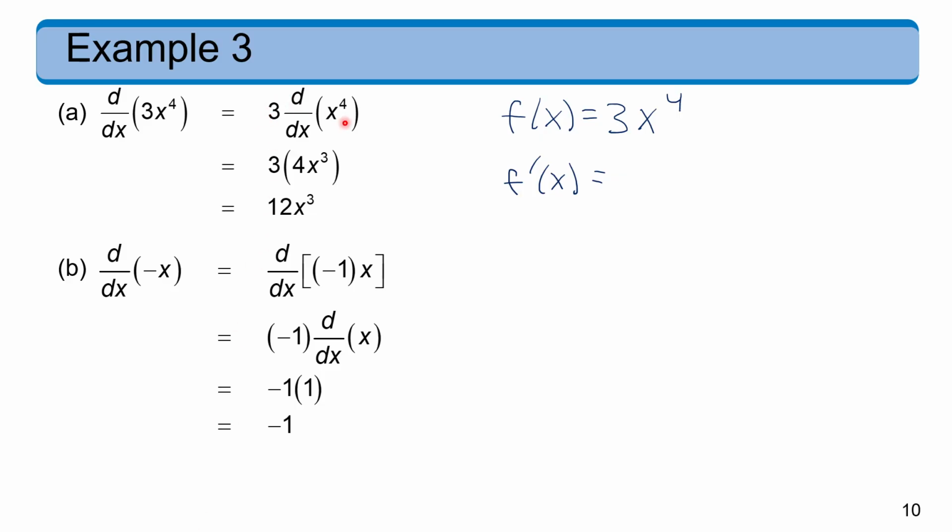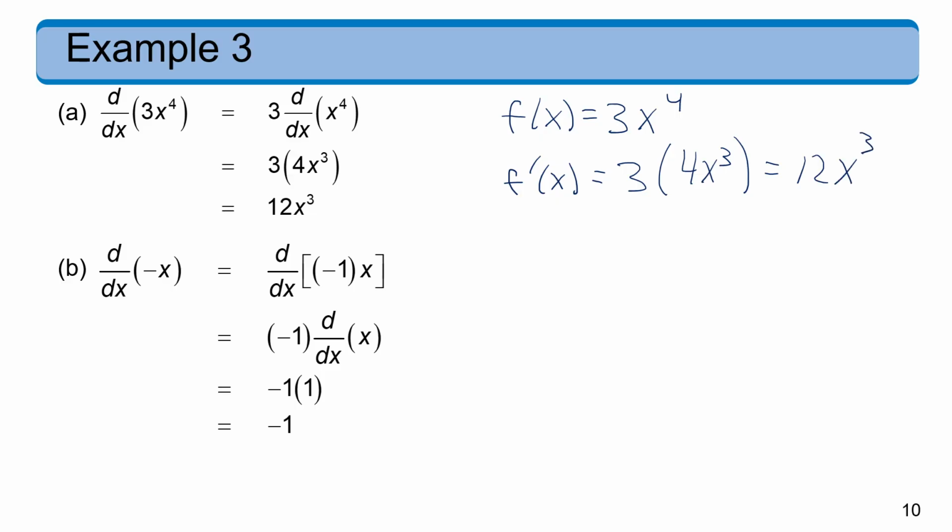After we pulled the 3 out, we just carried the 3 along in the next step, and we simplified the other part. So we're going to think the same way here. Just carry along this 3, and then take the prime of the function. The prime means the derivative. So I carry along the 3, and then the derivative of x to the fourth is 4x cubed, and then it simplifies to the same thing.